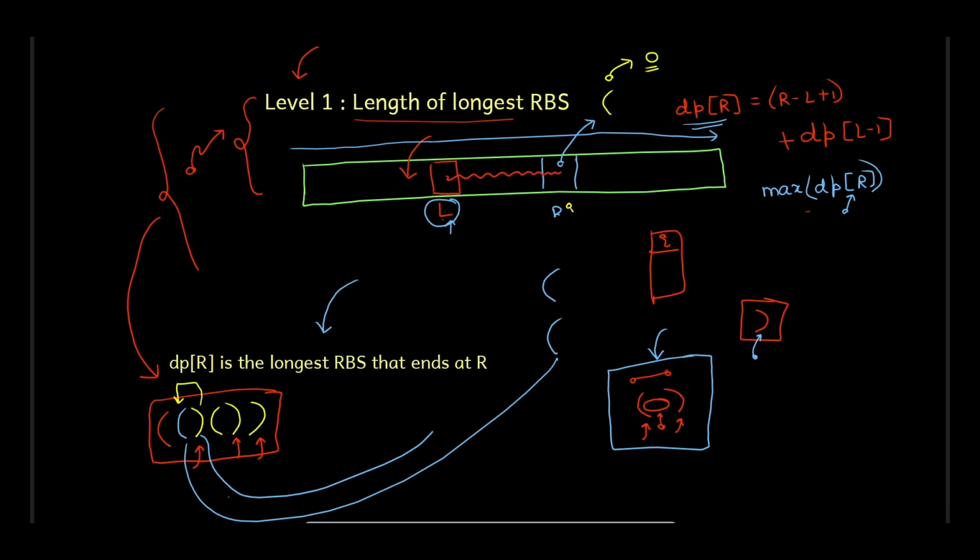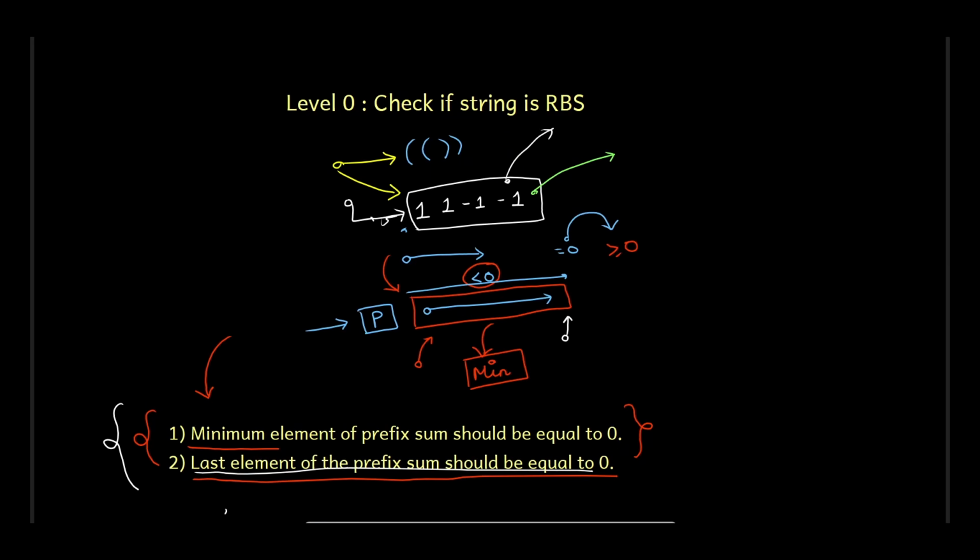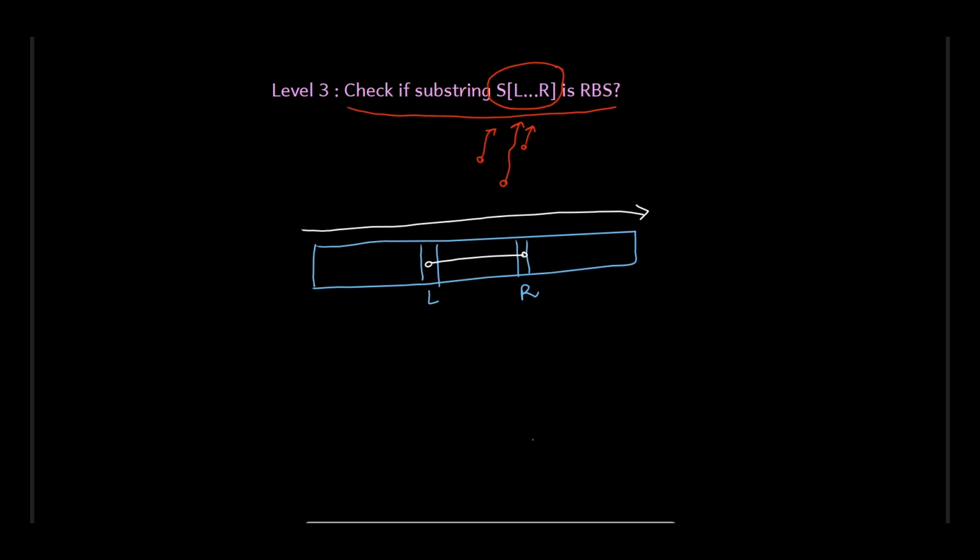Then what does this condition translate into? It says that the last element of the prefix sum should be equal to 0. But you know, the one thing about prefix sum is that if the prefix sum at this point is equal to offset, then this offset will be added to everything in this range, right?